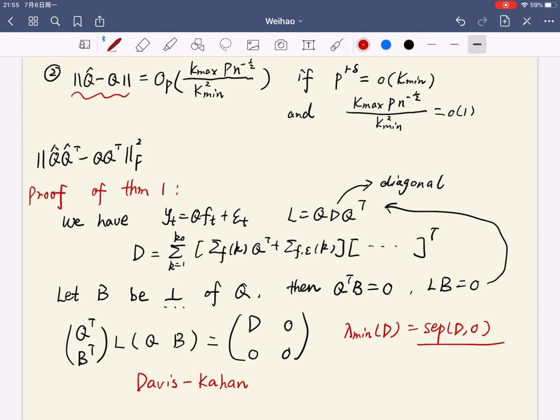If the gap is big, then the rate of convergence is fast. If the eigengap is small, the eigenspaces are mixed. It's very hard to separate, and very hard to estimate.